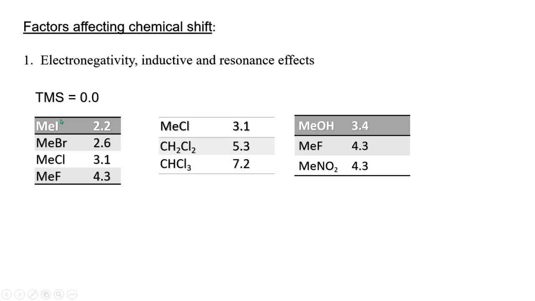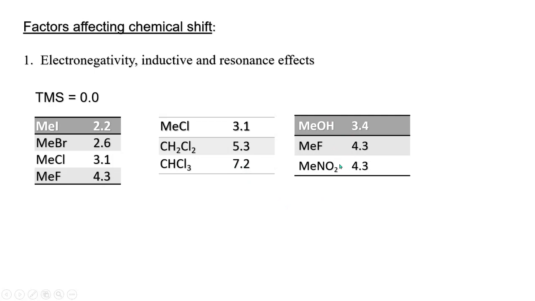The electronegativity of iodine is very low, so you get the chemical shift value in the shielding region, and for fluorine the electronegativity is high, so you get the de-shielding region. The chemical shift value increases gradually as the electronegativity increases. Similarly, for monosubstituted chlorine the chemical shift value is 3.1, for disubstituted it increases again to 5.3, and for trisubstituted again to 7.2.